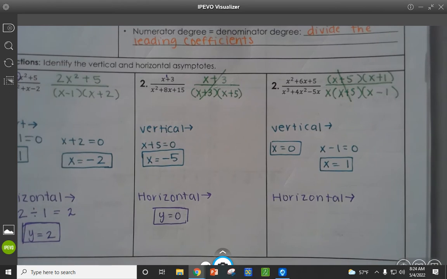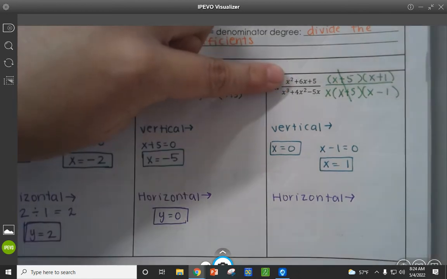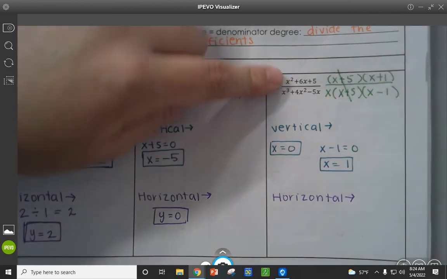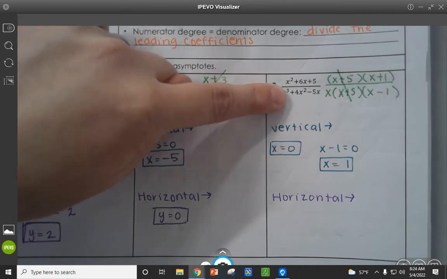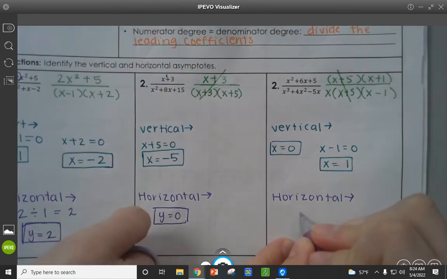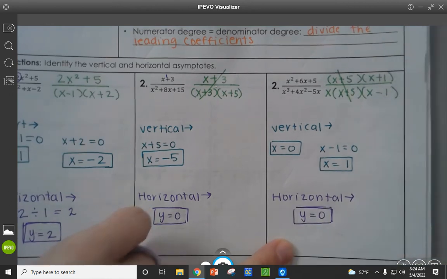What about a horizontal asymptote? It's at y equals 0. If you look at the degrees, the numerator degree is less than the denominator because 2 is less than 3. So it's at y equals 0, or the x-axis.